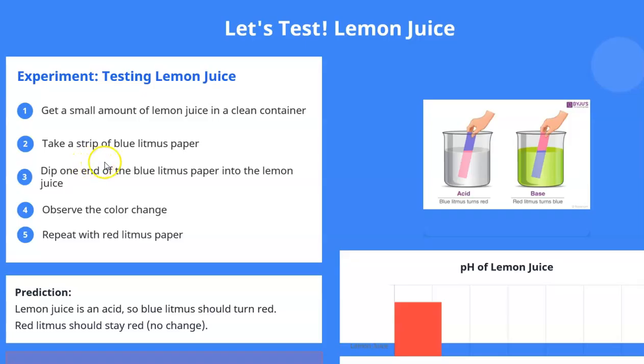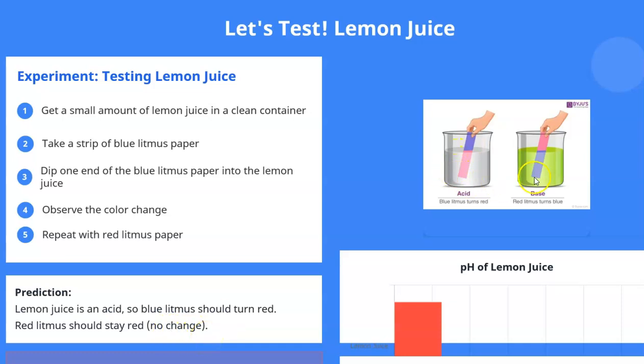Take a strip of blue litmus paper, dip one end into the lemon juice, and observe the color change. Repeat with red litmus paper. We can expect that since lemon juice is an acid, blue litmus should turn red, and red litmus should stay red. It has no change.